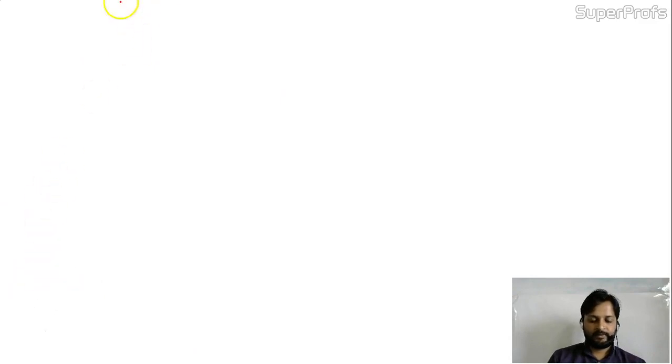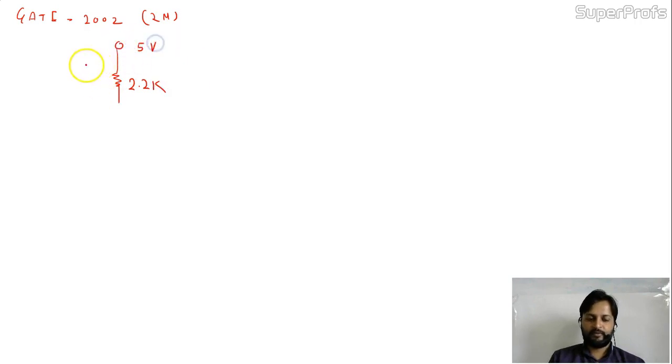First of all, this is a GATE problem from the year 2002, a 2 marks problem. I'll take 30 seconds to write it. 2.2K connected with 5 volt.